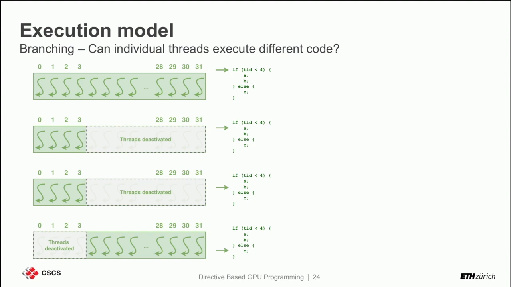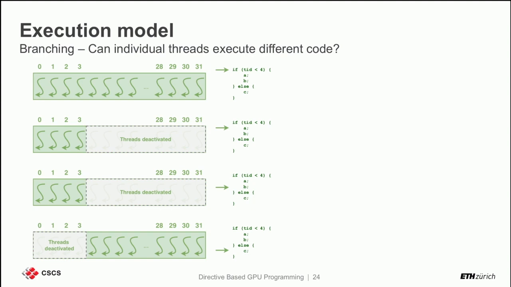When the warp gets into a branch, it checks the condition and says, okay, now I'm executing this branch with the first 4 threads, and I deactivate the rest. I'm executing A, I'm executing B, then I deactivate the other part and execute the other condition.